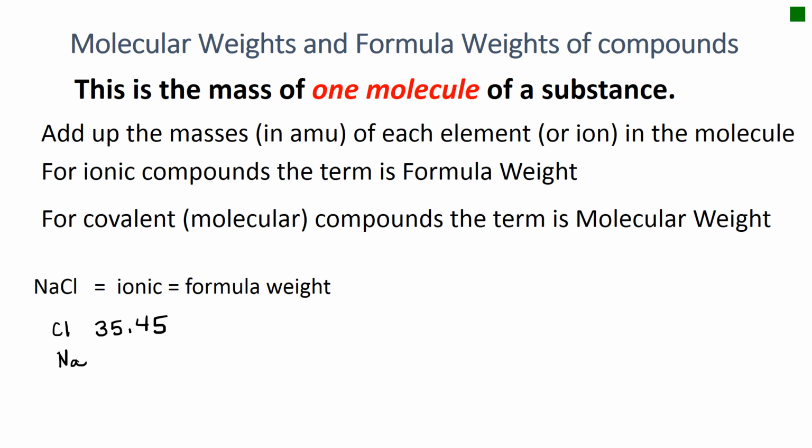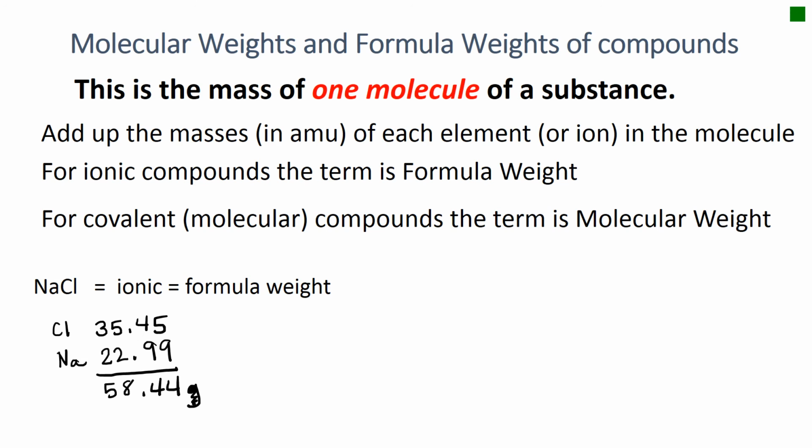Then sodium, which on my periodic table is 22.99. Remember, I'm adding, so I want to make sure I do those in a column and line them up properly. And then I get 58.44. And these are in grams.